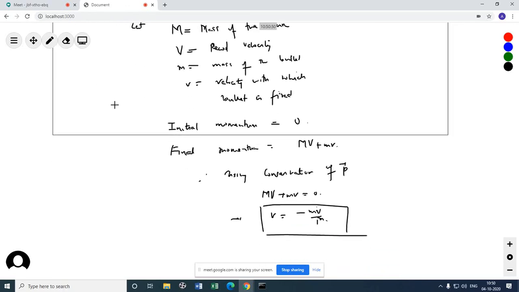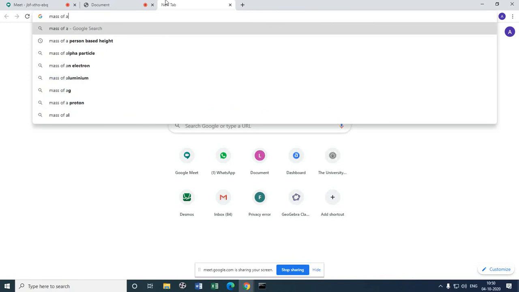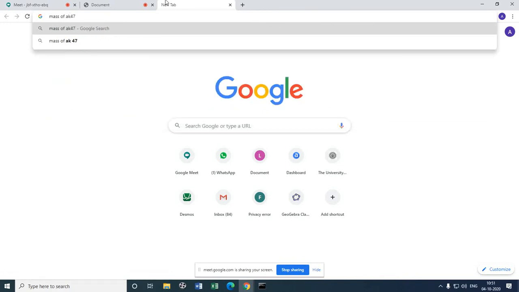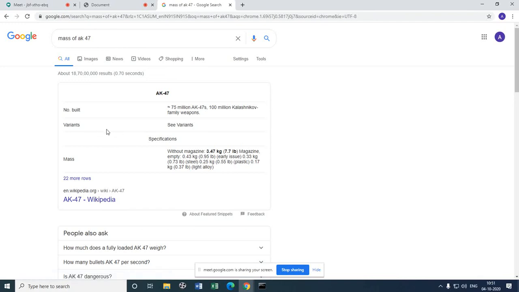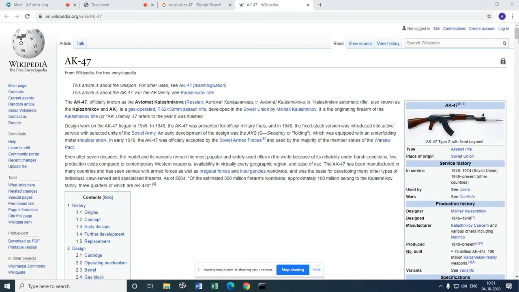Okay? So let's go to that AK-47 problem once again. Mass of, this is the statistics. Without magazine it's 3.4 kg and magazine empty is 3.3, no?